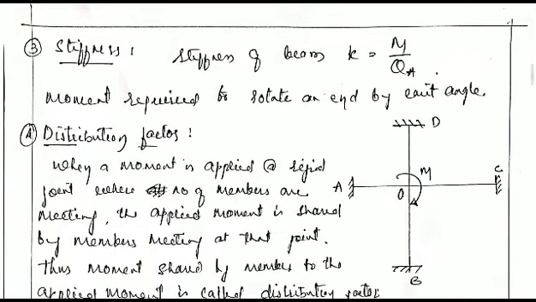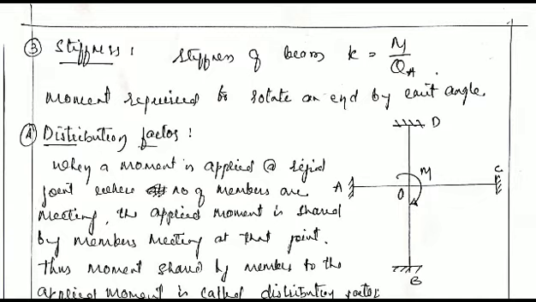Then the third terminology is stiffness. Stiffness, as the word indicates, is the stiffness of a beam. How it depends, and on what it depends, should be known. The stiffness of a beam is denoted by k, and k equals M by theta A. M is the moment applied at the point where rotation is required, and theta A is the angle made at that joint due to the moment applied there only.